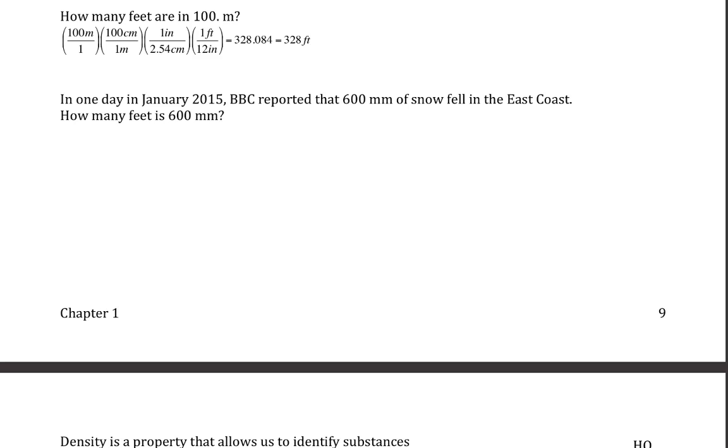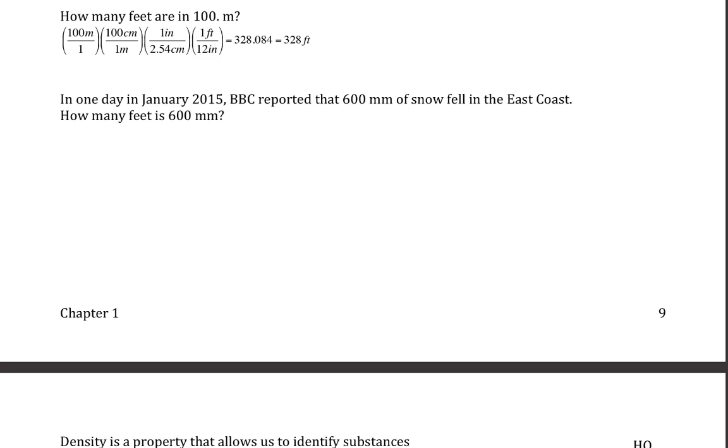Now notice that we always write our conversions such that the one unit we're wanting to get rid of through the use of our conversion is in the denominator of our conversion. So we have meter over meters, that's gone. And then we have centimeter over centimeter, that's gone. Inch over inch, that's gone. And our final unit is feet.